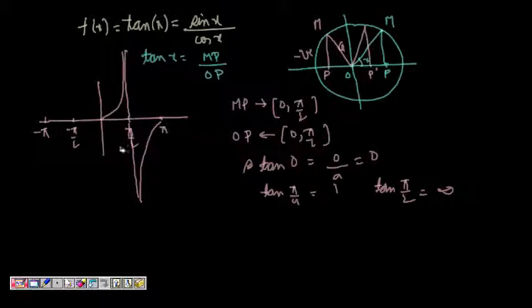So this is the graph for tan x. As you see, if you use this, you will easily find the graph of tan x and any trigonometric function. Let's say now sec x, so that will be an even better one.